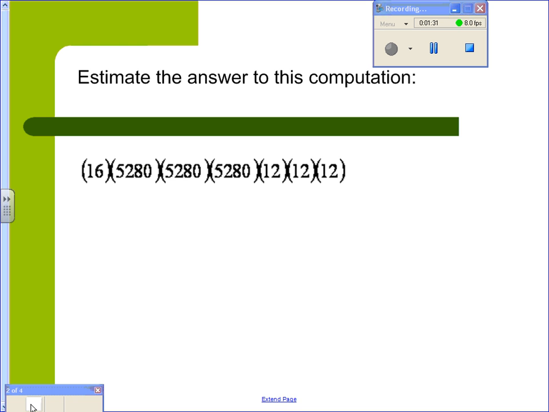What would 16 estimate as? It'd be 20, right? What would 5,280 become? What about 12?